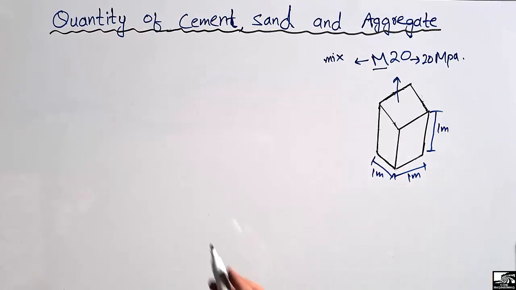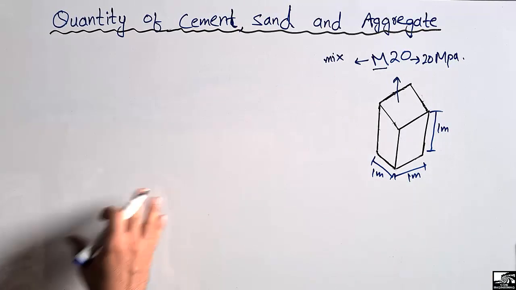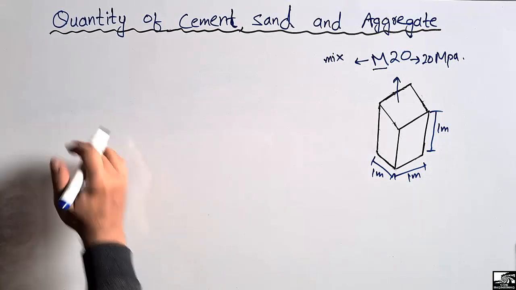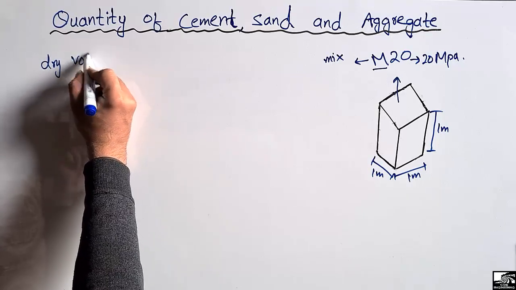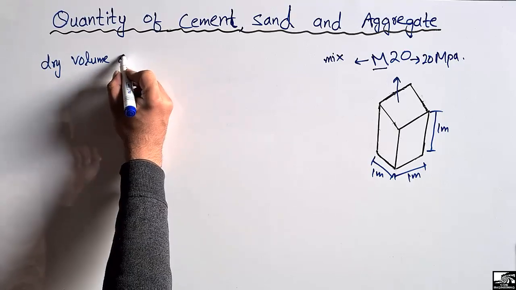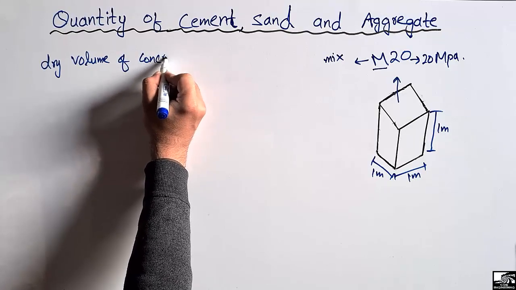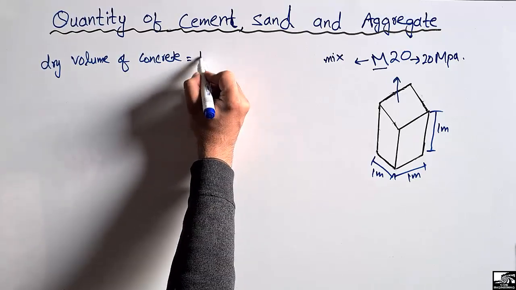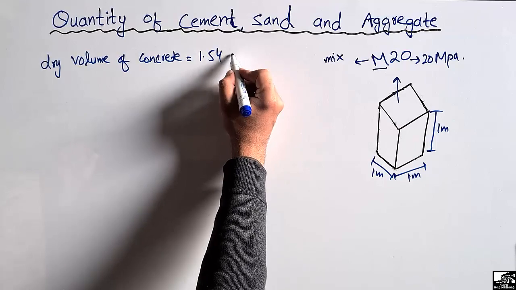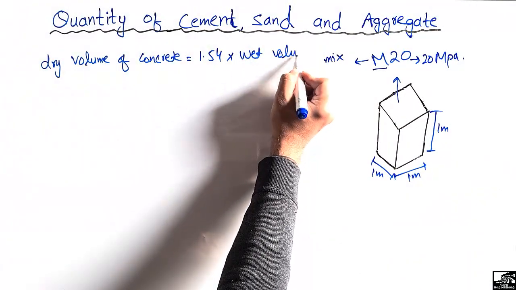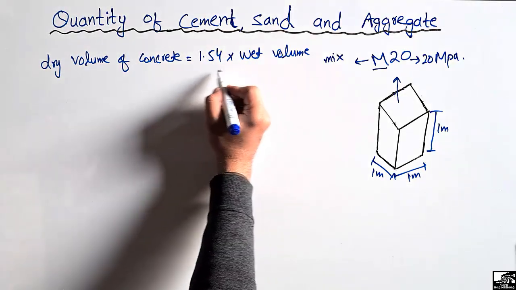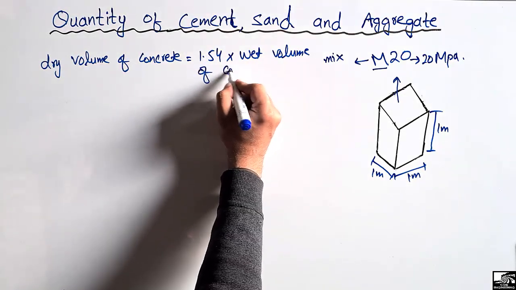So let's go to the basics of quantity estimation. We know that the dry volume of concrete is equal to 1.54 times the wet volume of concrete. This is the known fact.